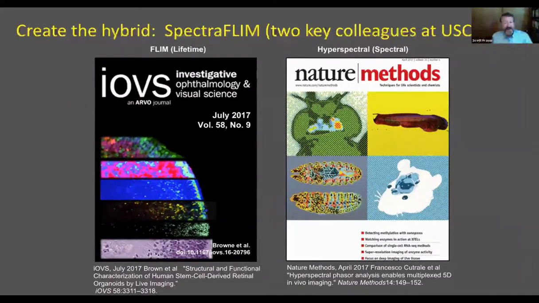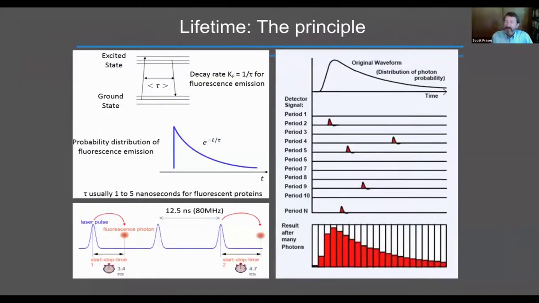Mimo Arnasano was a very big believer in lifetime imaging. Francesco was a very big believer in hyperspectral imaging. And they came to bring their forces together, while they were at USC, by joining the 2 of these together. Just for a moment to digress into lifetimes, as some people might not be as familiar with it.